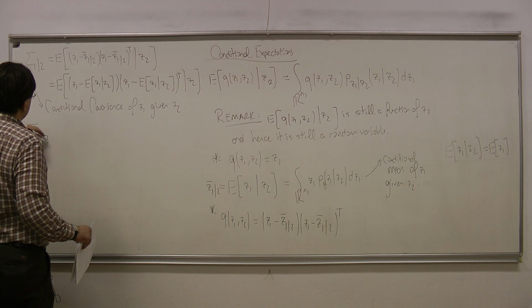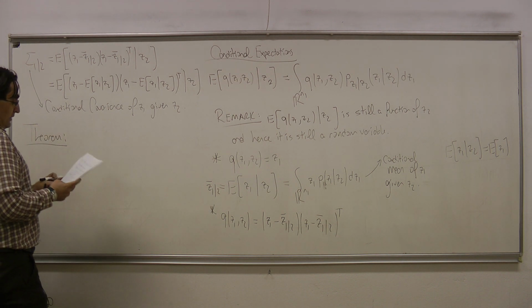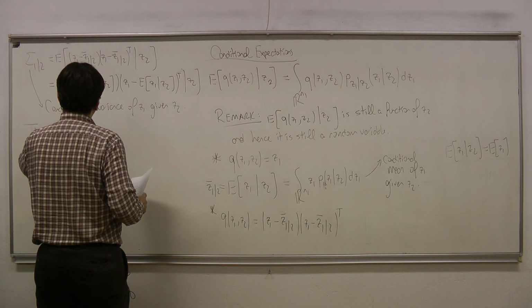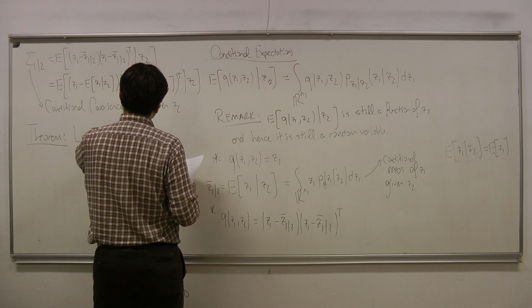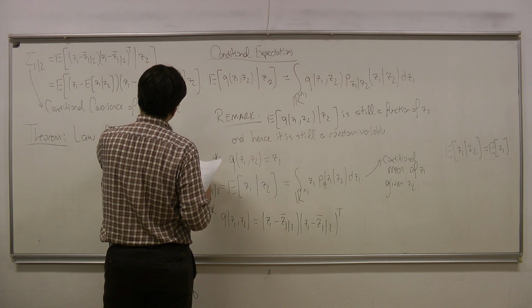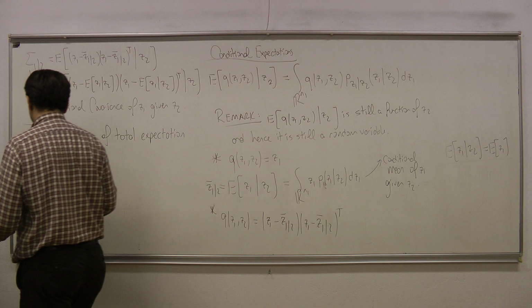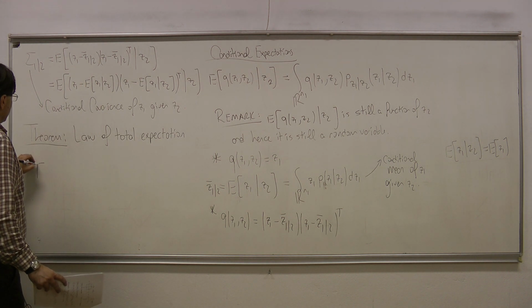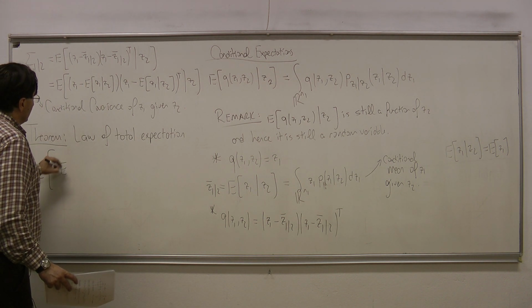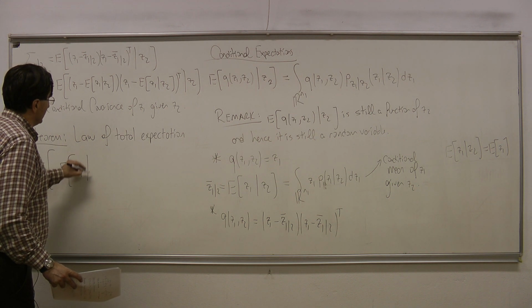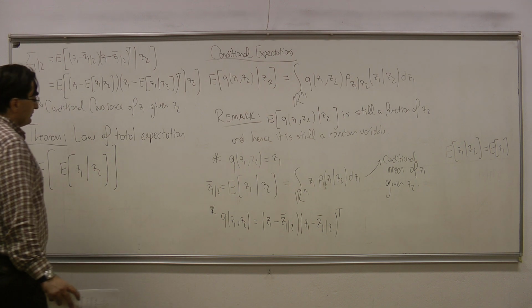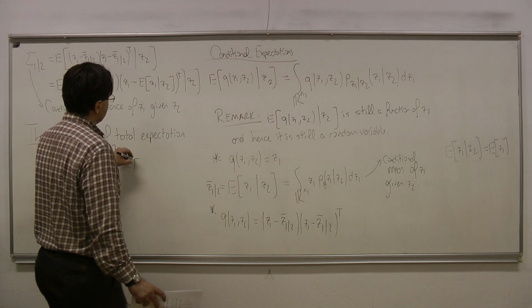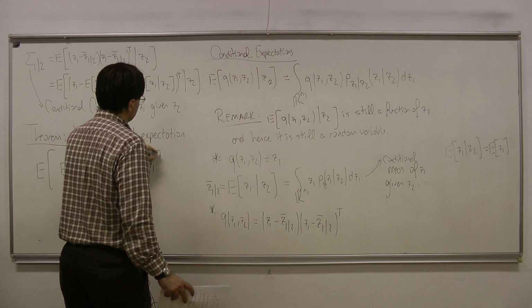So this is going to be a theorem, and this theorem is called the law of total expectation. It says something like this: the expected value of Z1 given Z2, this expectation is equal to the expected value of Z1.